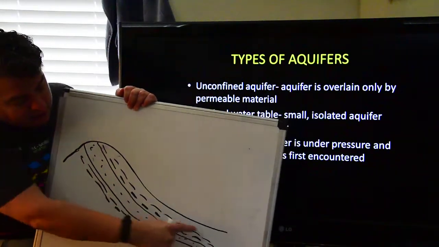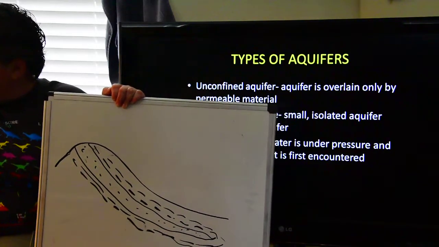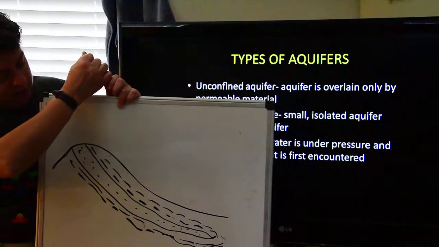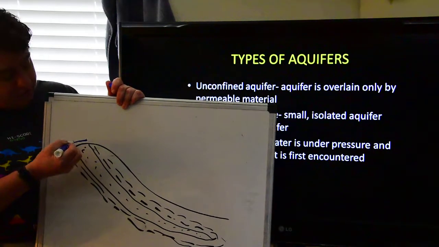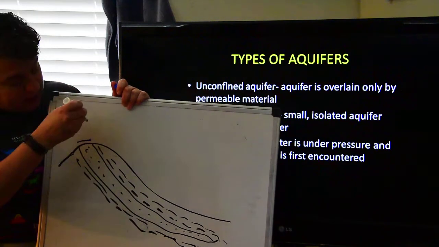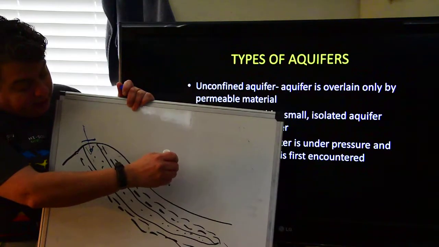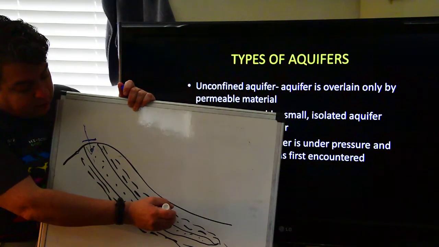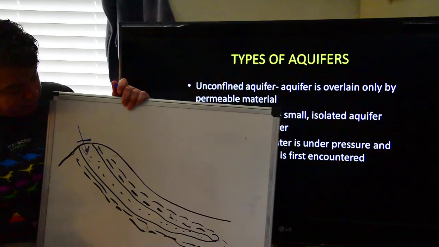So that means if that's all impermeable, water that gets into this aquifer is kind of stuck there. So this is an area we call the recharge zone because that's the only area where water can enter this aquifer. Can't enter it down here because that impermeable rock separates the aquifer from the surface.